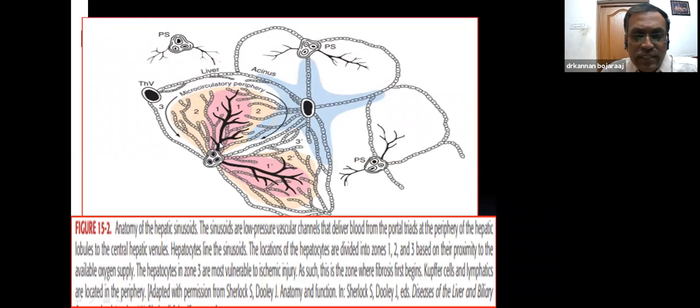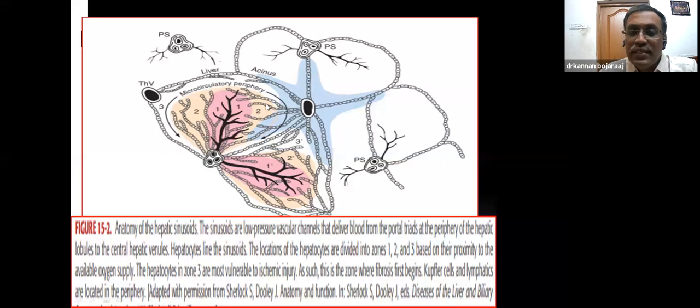This is the hepatic arteriole, these are the hepatocyte plates, and this is the central vein. This is the area covered by the hepatic arteriole, supplying rich oxygen, that is zone 1, the cells near the porta hepatis.